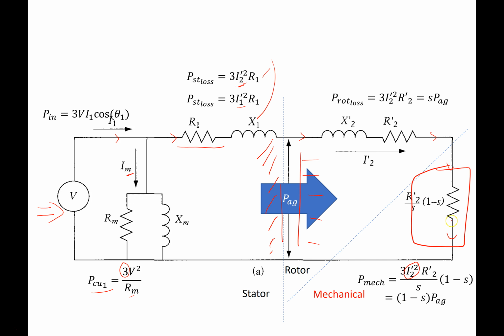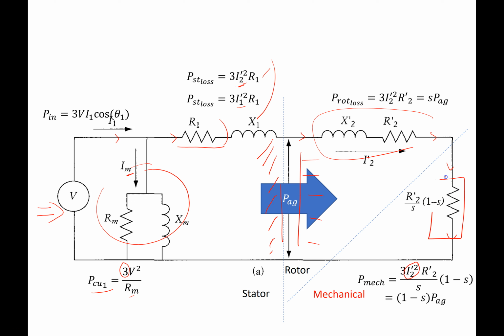This represents the mechanical power. This is the rotor losses, stator losses, core losses. But once you know this part here is the total mechanical power, you could get what the shaft torque and so on is. Just remember that this has in it the friction and windage power as well as the load power.